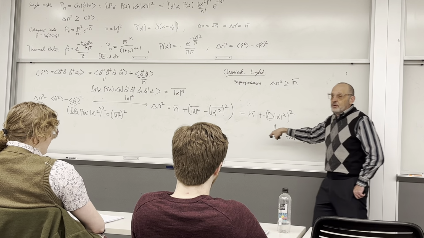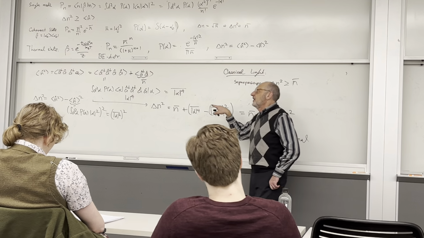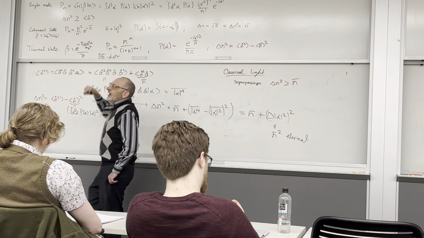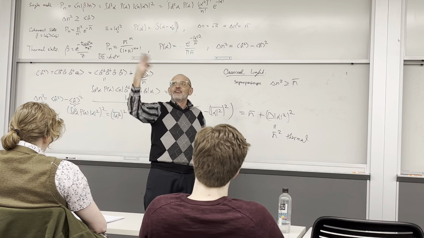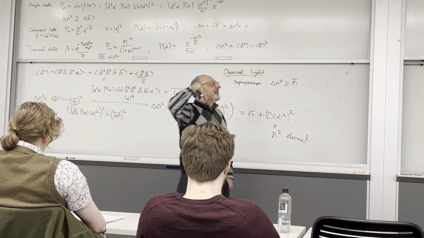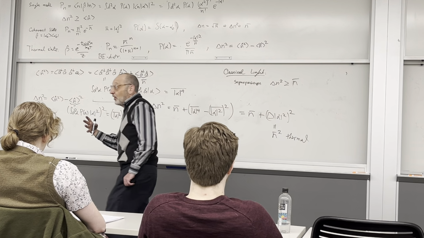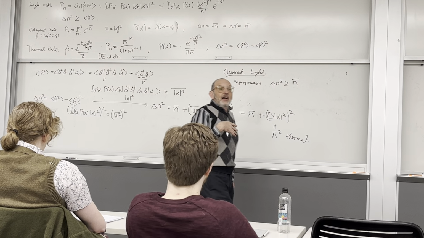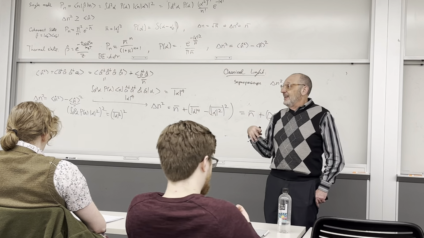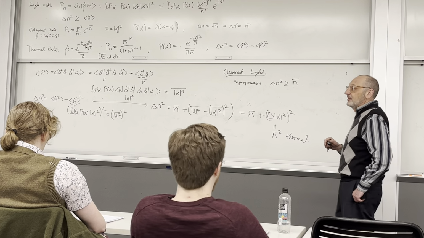If we have sub-Poissonian statistics, then that is something that can't be considered as arising from a classical current that was fluctuating in some way. It has to come from a non-classical source. And so that's one of the other things we want to discuss this semester, non-classical sources of light.